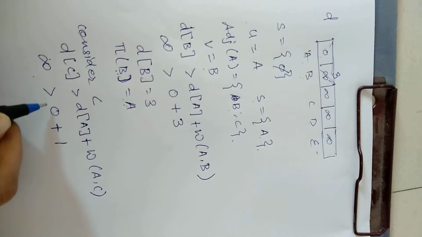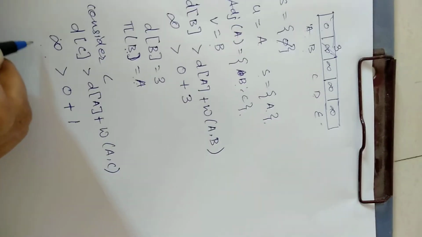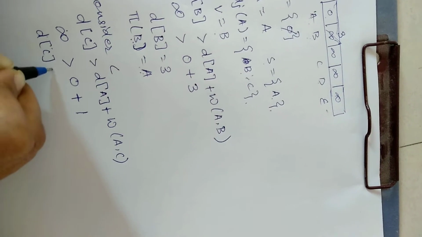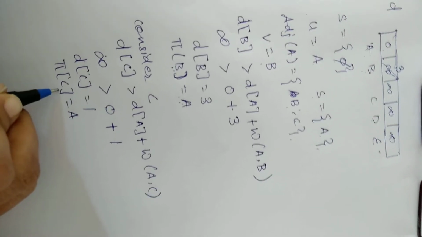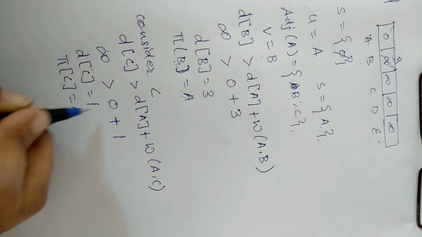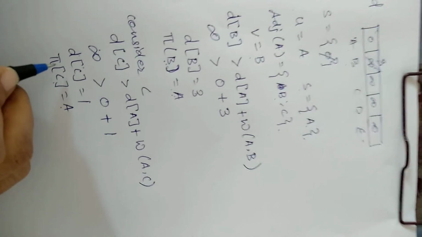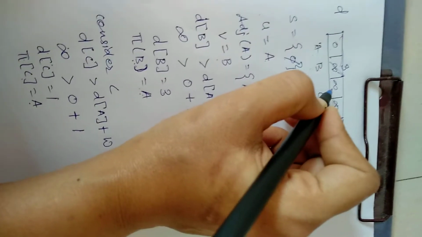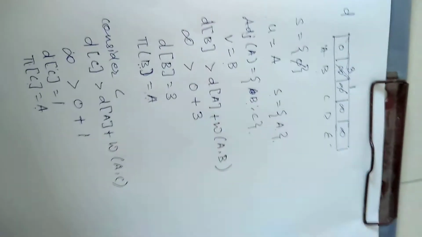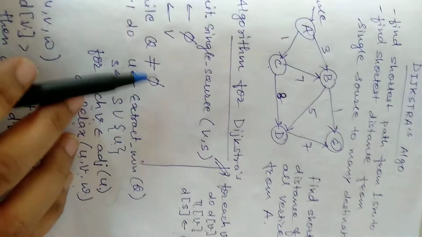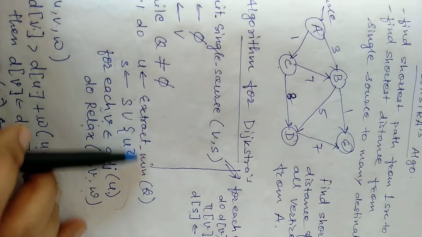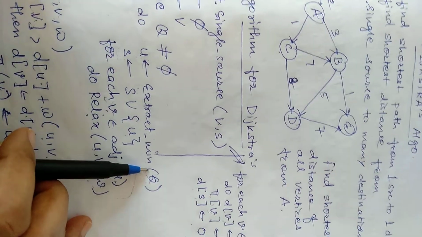So this inequality is true, therefore we modify the distance of C to 1 and we set the parent of C to A. That is, C is reachable with a minimum distance of 1 from A. So this modification we are going to do on this array D. So the distance of C gets modified to 1. Now this was the first iteration, where U extracted from the Q is A.